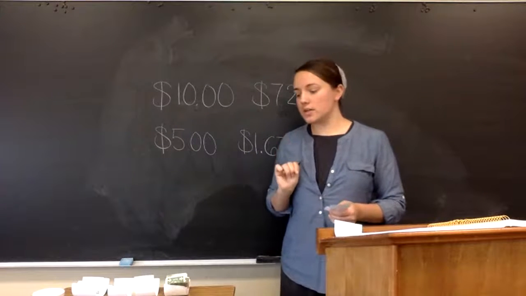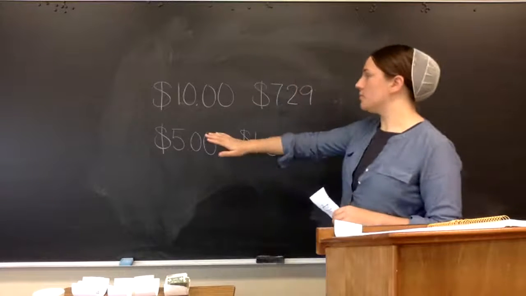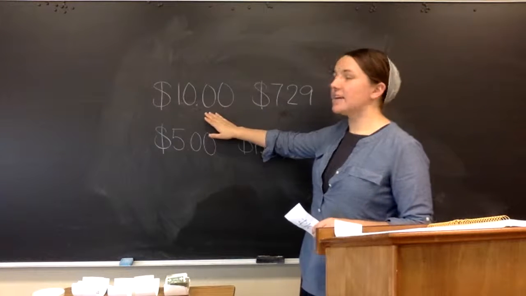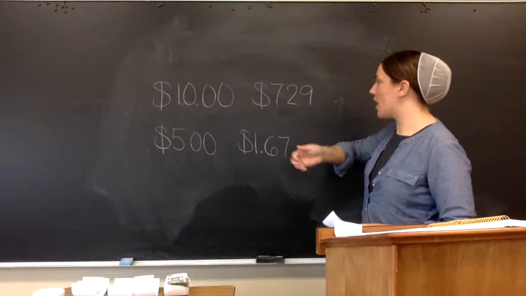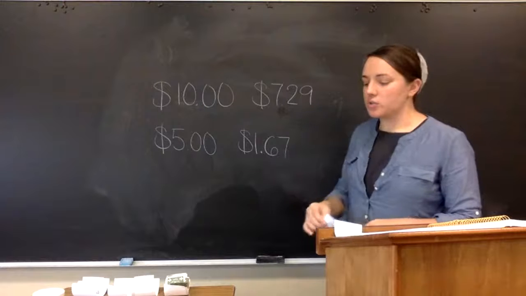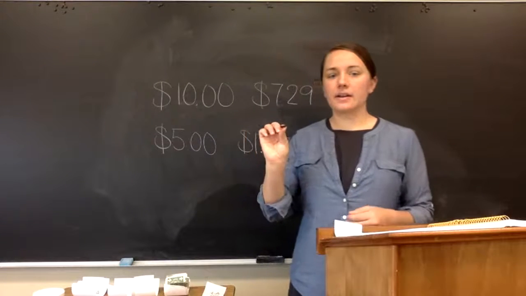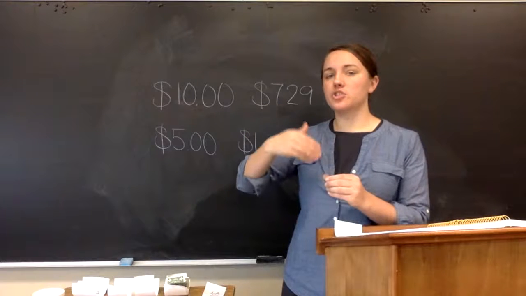The third thing you need to remember when counting back change is, if their total was $7.29, and they gave me $10, to count back change, I'm going to start at $7.29, and I'm going to start with my smallest change first, a penny, and I'm going to count up. I'm going to say the new amount each time.